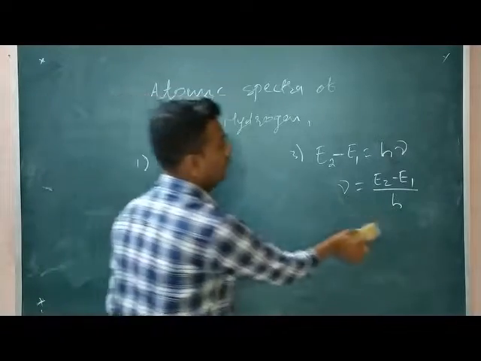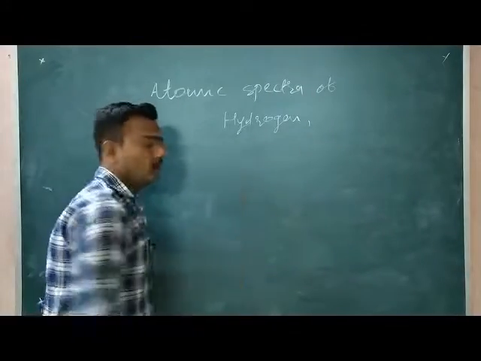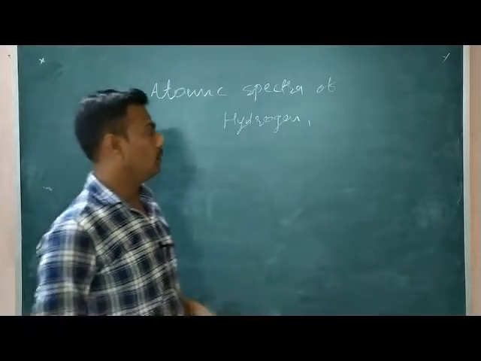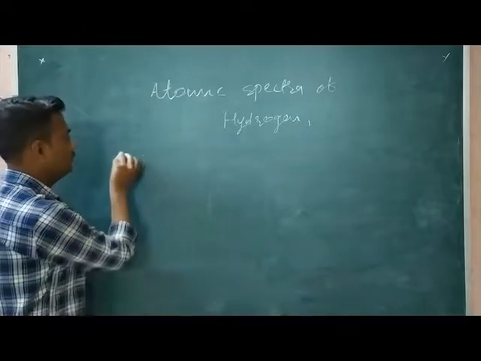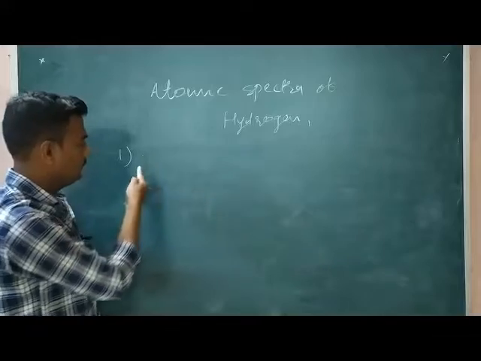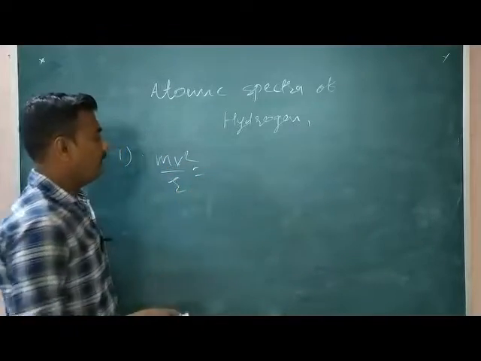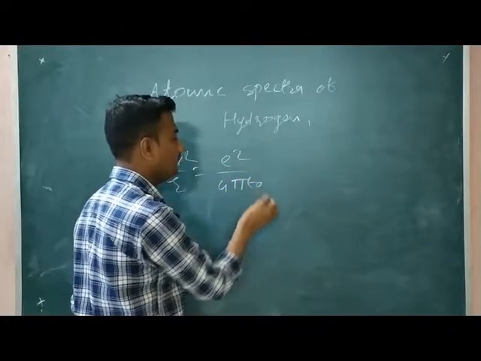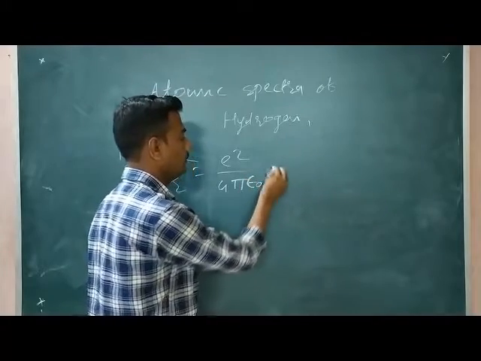Now let us calculate the radius of the nth Bohr orbit. Sometimes a question may be asked on how to calculate the radius of a different Bohr orbit. According to the first postulate, the centripetal force is equal to the electrostatic force of attraction, so mv square by r equals e square divided by 4 pi epsilon 0 into r square.